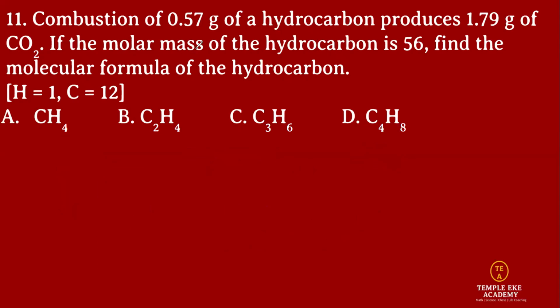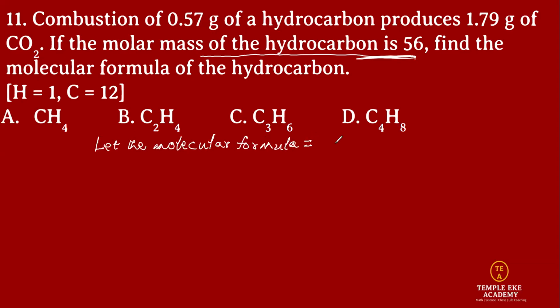Now we have the molar mass of the hydrocarbon spelled out, 56. So we can make use of this to get the molecular formula. Now let the molecular formula be the empirical formula, which is CH2, multiplied by a whole number n.